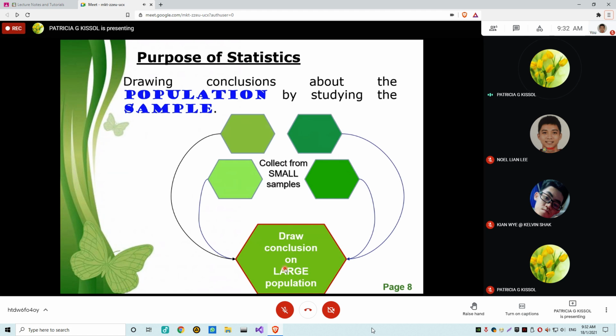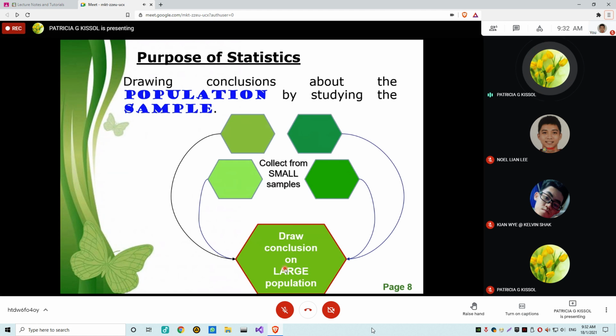That's the main idea. You have to understand population is the overall picture. Sample is just a small sample taken from each district of Sabah, and from that we can have a conclusion about the population.